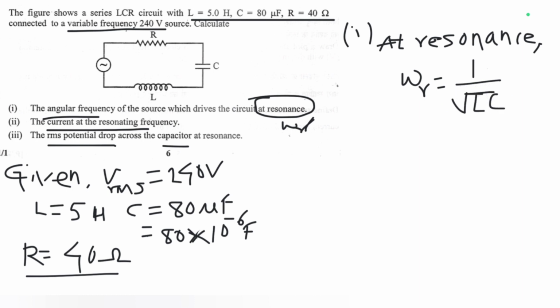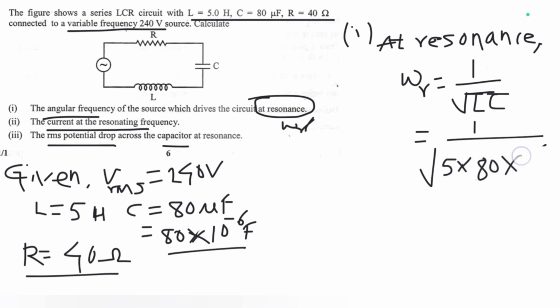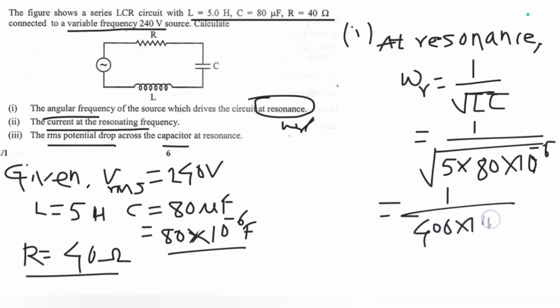That is a basic formula that you have to keep in mind. So it equals 1 upon under root of 5 multiplied by 80 multiplied by 10 to the power minus 6. Now it will become 5 into 80, that is 400, multiplied by 10 to the power minus 6.